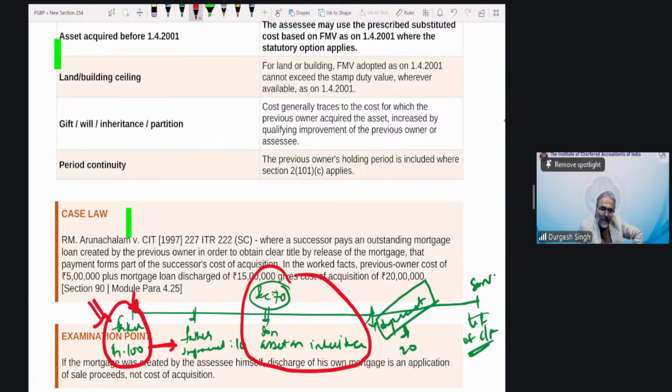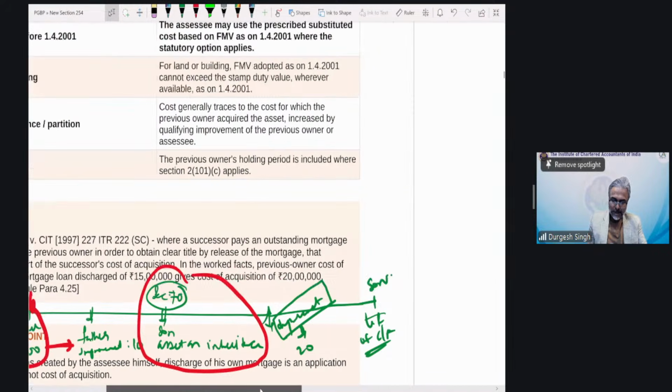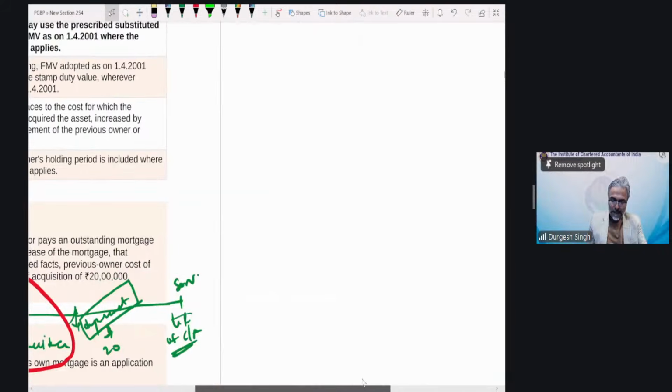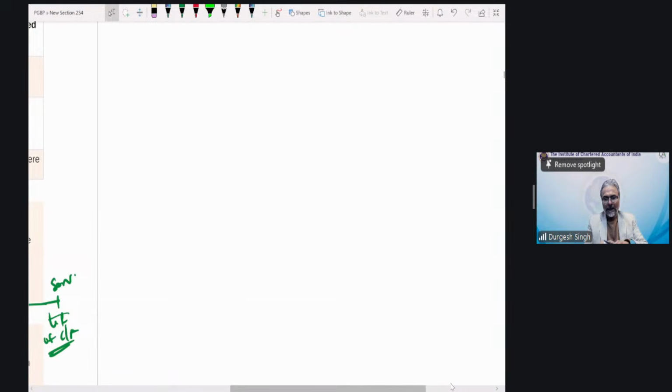Now, students, this is an important particular part. So over here, students, please have a look.